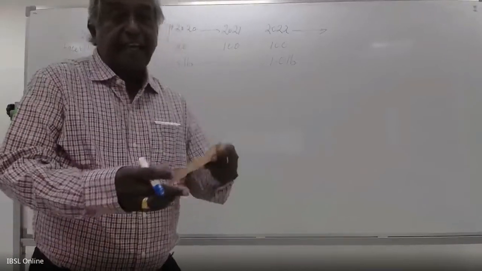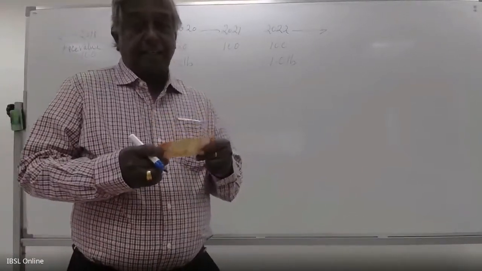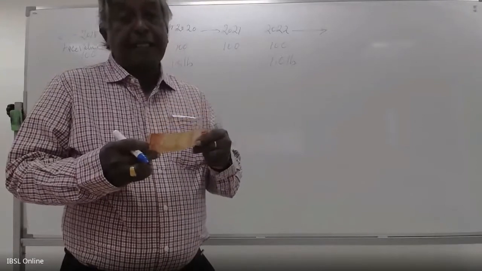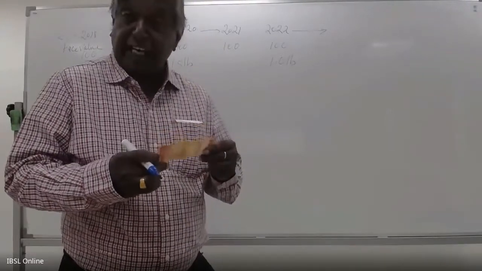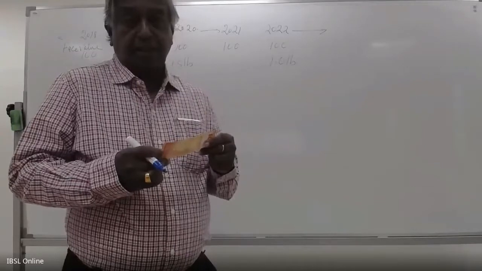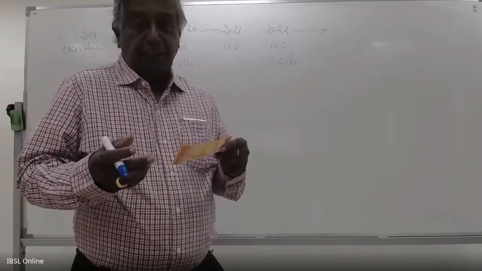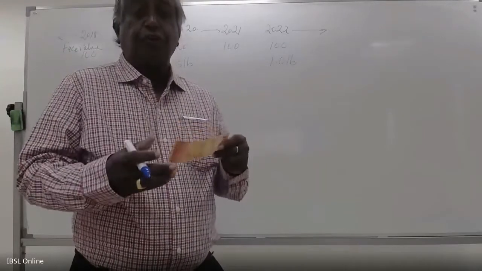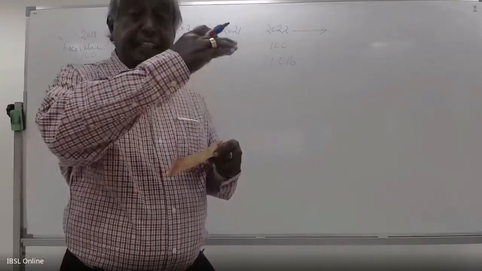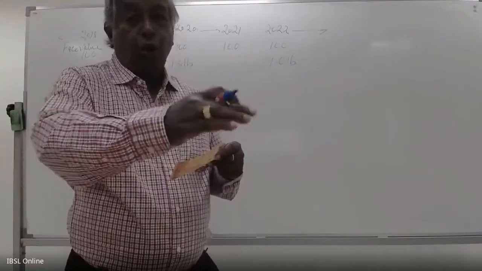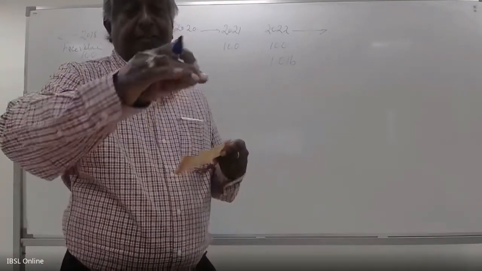So we can say when the face value of the money remains unchanged, the purchasing value or the real value of money is getting diminished over a period of years.